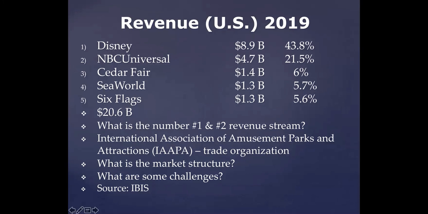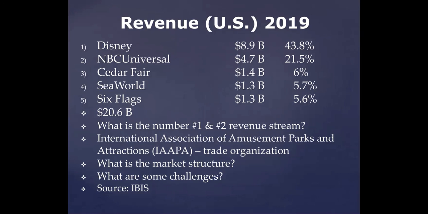Okay, so this is the revenue for the theme park industry in 2019. As you can see, 2019 was a very good year for the theme park industry. Disney clearly is number one, followed by Universal Studios and Cedar Fair, which owns parks like Knott's Berry Farm. You see SeaWorld and Six Flags rounding out the top 5.